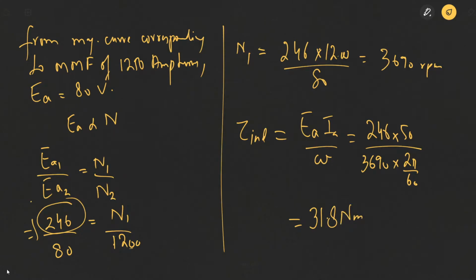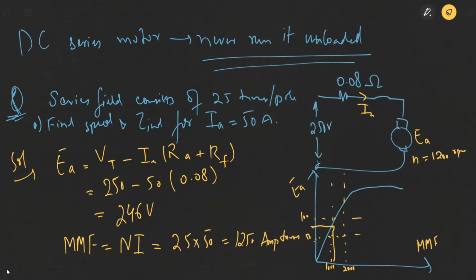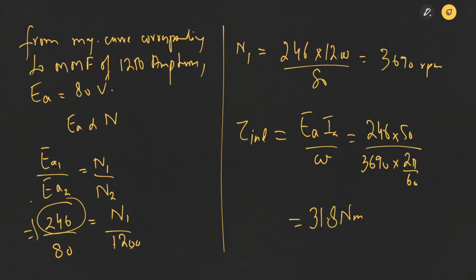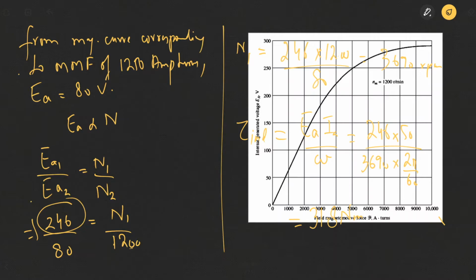The thing here is that this curve has been given for a rated speed of 1200 RPM. It's an EA versus MMF plot. The only significant thing is that we need to find EA corresponding to the MMF value generated in the machine. So let me give you this magnetization curve. This is the MMF curve that I was talking about, which has been given to us.